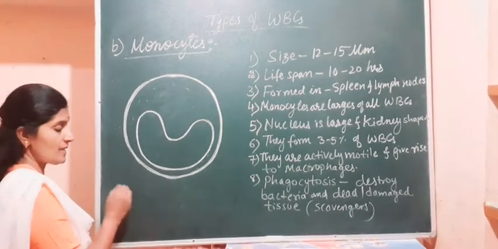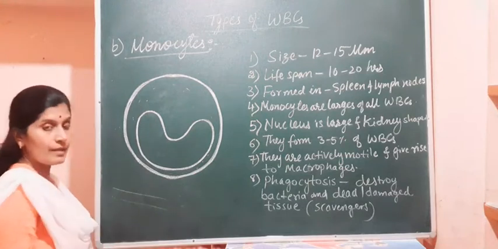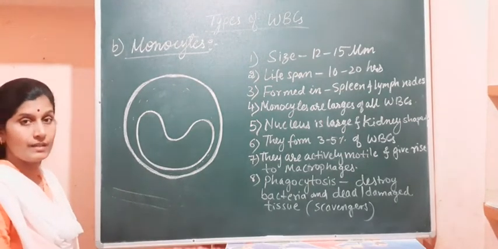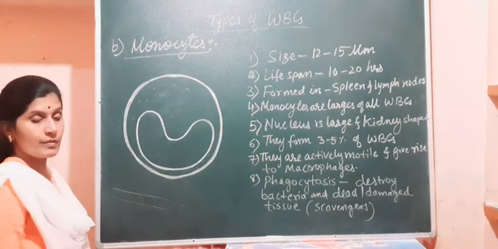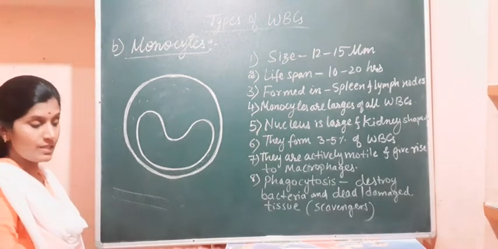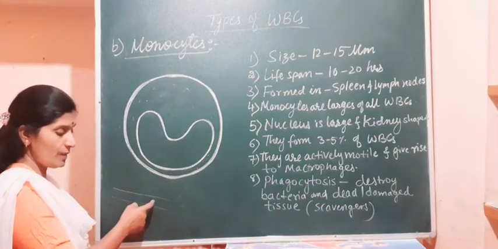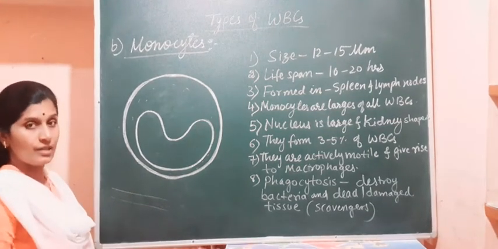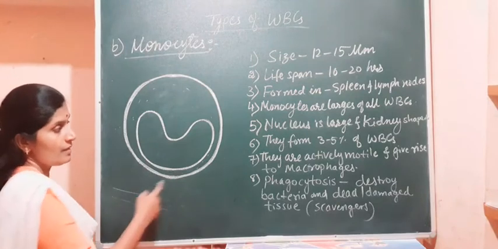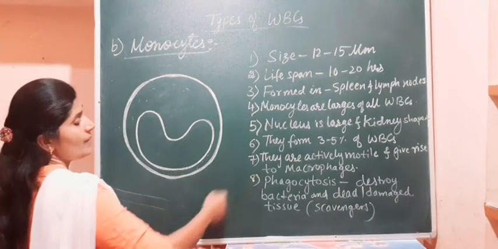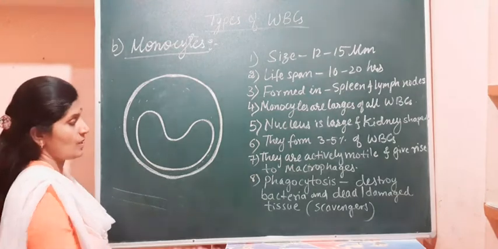They can squeeze out from the blood capillaries. That nature we have learned is called diapedesis, the squeezing movement of WBCs. WBCs can live in the blood vessels as well as inside the tissues. So they can squeeze out and be converted into macrophages.